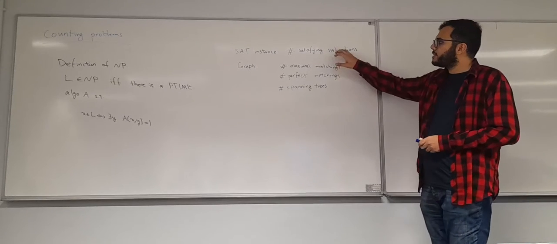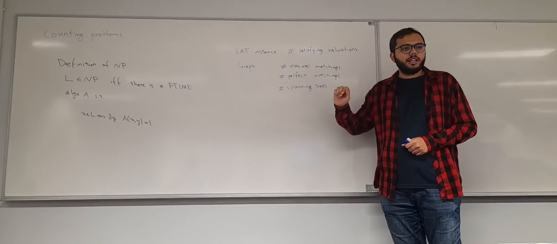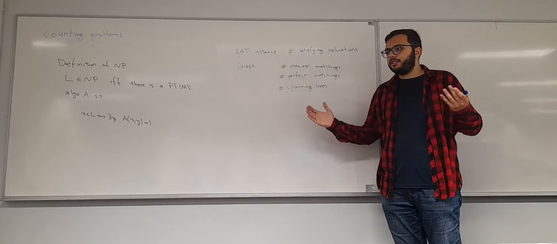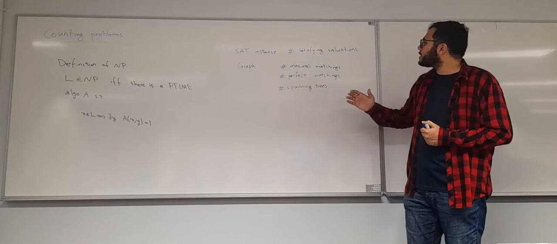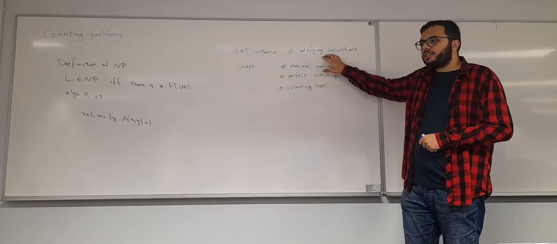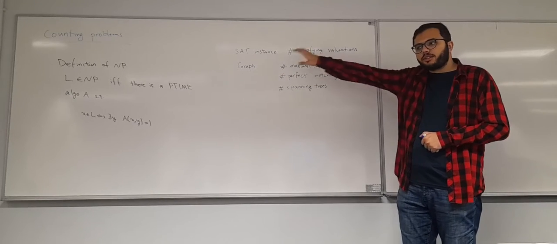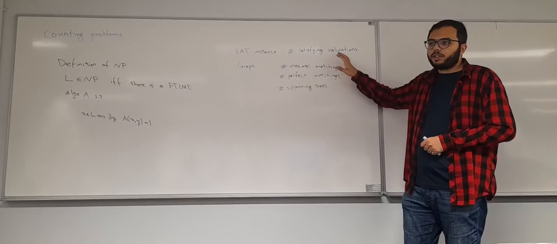Because if your answer is 0, that means that the formula is unsatisfiable. If the answer is 1 or anything more than 1, it means that the formula is satisfiable. So if I ask you how many satisfying valuations there are, this is at least as hard as solving the SAT instance itself. So it's at least NP hard, we know that.